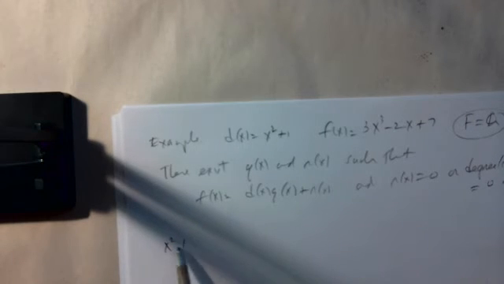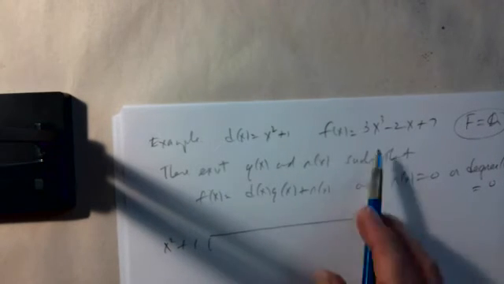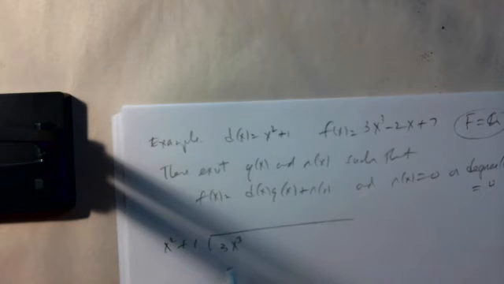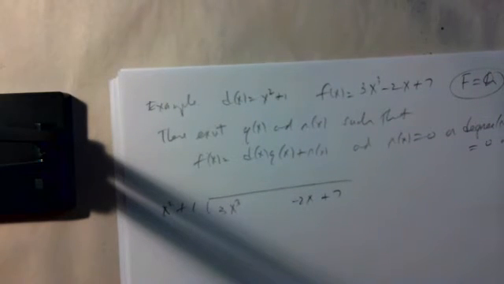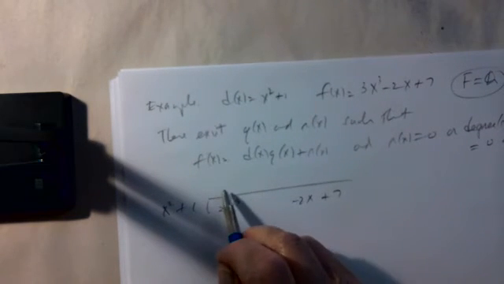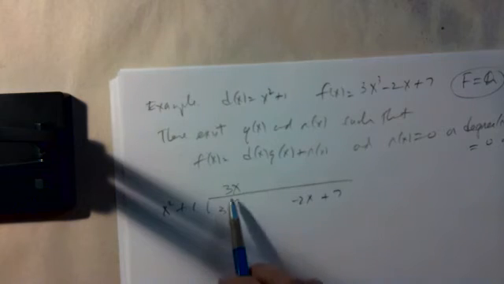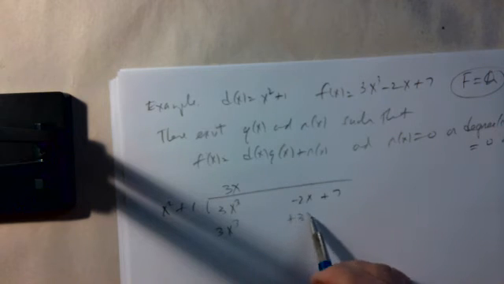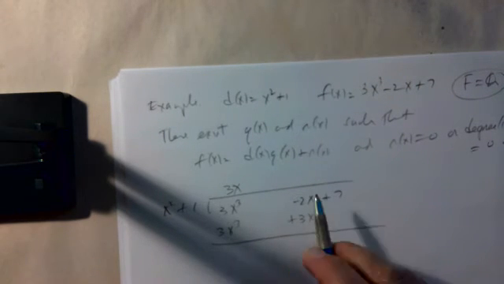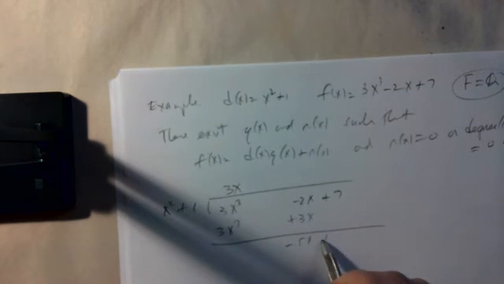Well, you do just what you do in high school. You divide x squared plus 1 into 3x cubed minus 2x plus 7. I guess this is how you do it. So x squared into this goes 3x times. I get 3x cubed plus 3x. When I subtract, I get minus 5x plus 7. Oh, this doesn't go into this at all.